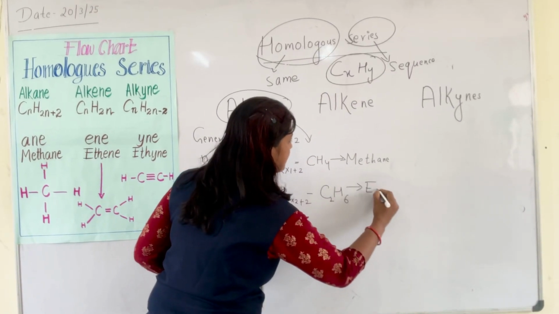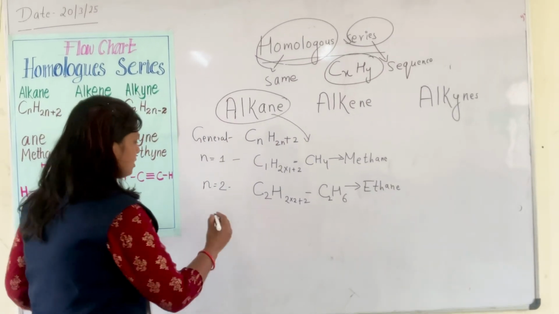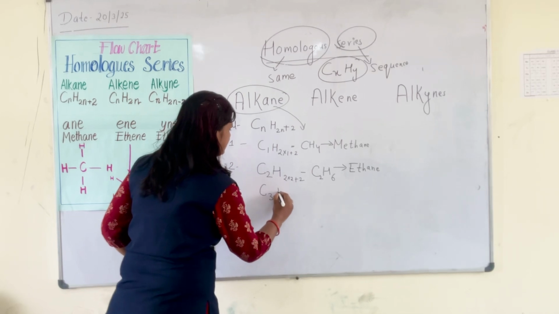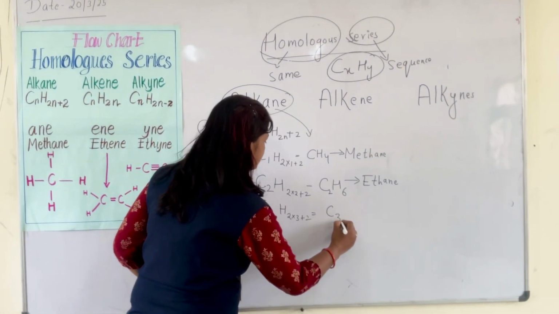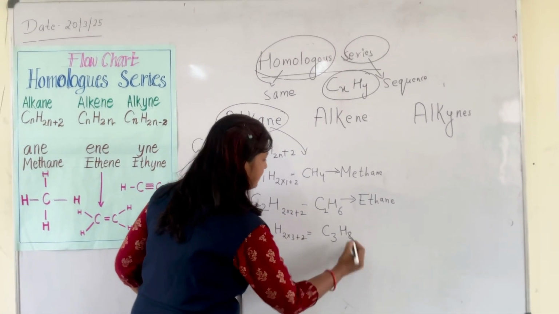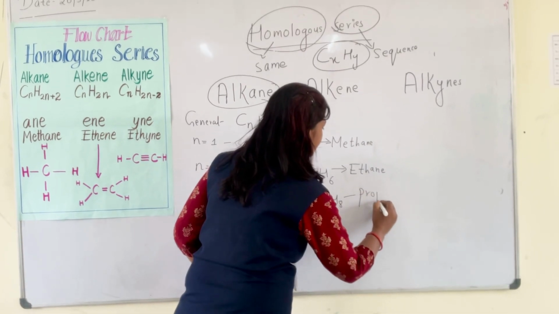C2H6, the second member, that is ethane. Third member, n equal to 3: C3, H 2 into 3 plus 2, that is 6 plus 2, 8. C3H8, the name is propane.